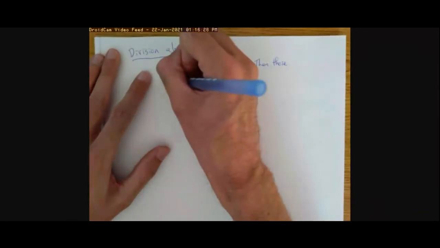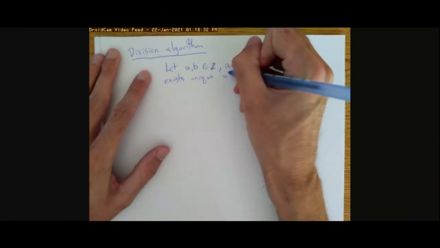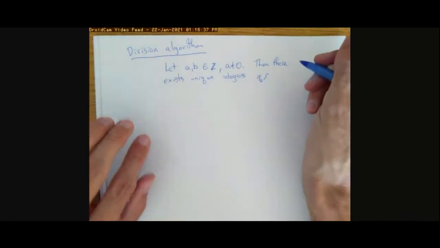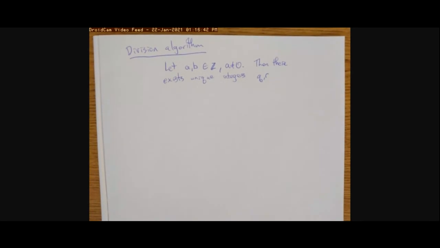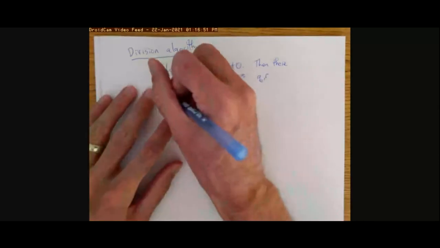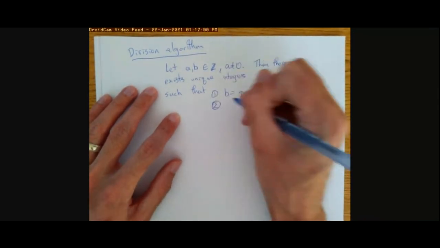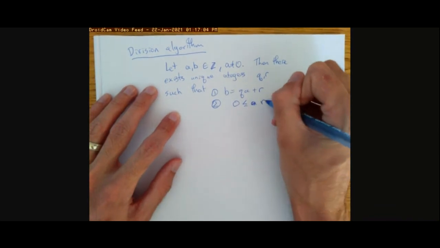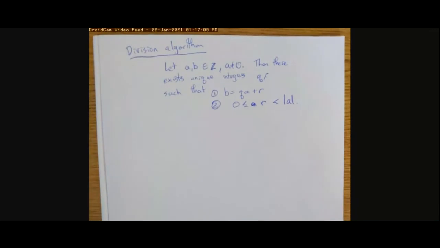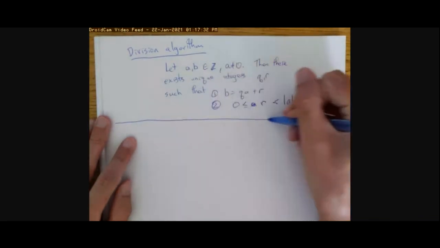Then there exist unique integers Q and R such that B equals QA plus R, and 0 is less than or equal to R, which is less than the absolute value of A. That's the division algorithm.